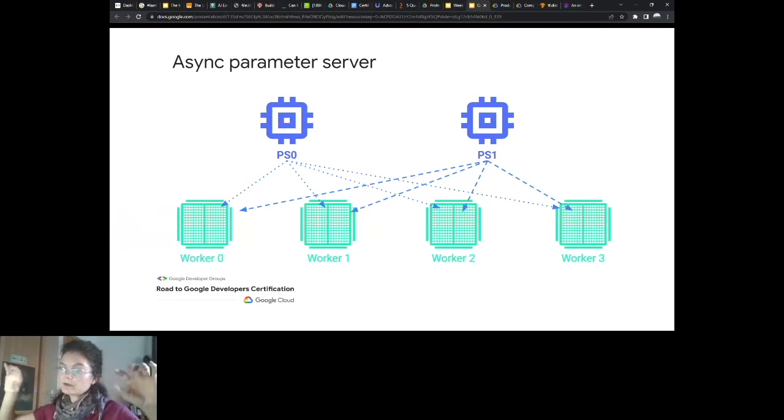You have the parameter servers, which are the blue squares that you see there. We have two here, and then you have the workers. In this case, we have 4 workers. These workers are independent. They receive a copy of the model. They start doing some training with some batches, and then when they finish, they pass the gradients to the server.